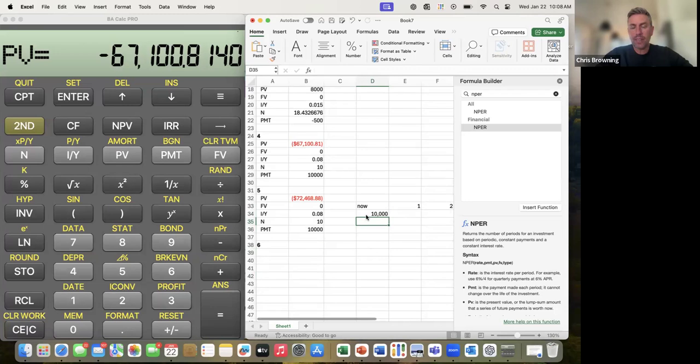And so what that does is it reduces the balance up front, so we have fewer dollars earning interest, which means that we need more dollars to accomplish the objective. So this is for the annuity due.